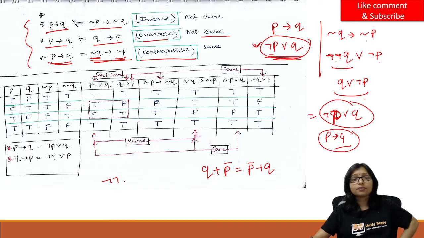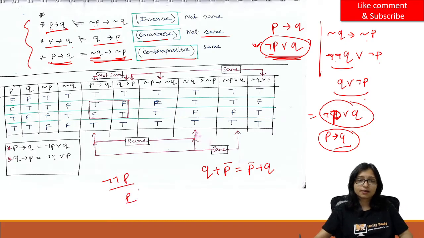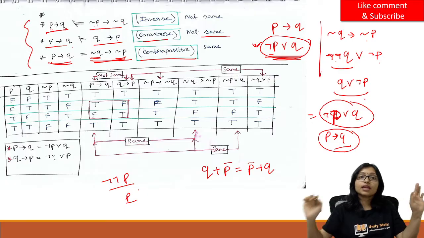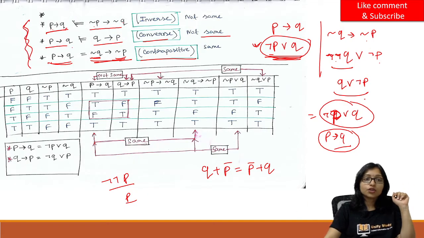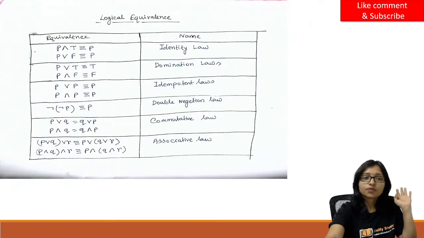And double negation means it will come to the same value. So this is very important, always remember these three rules in propositional logic.